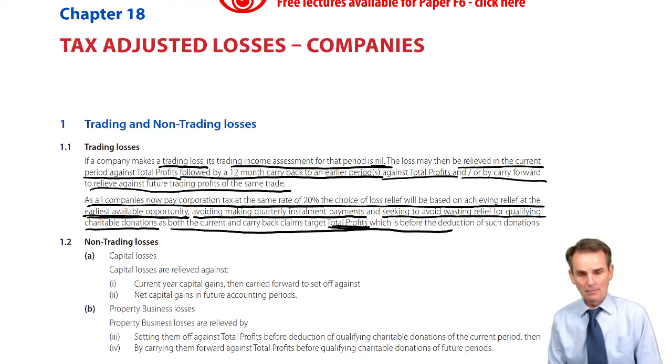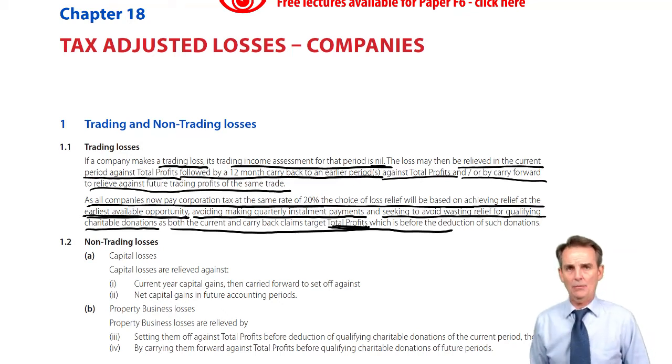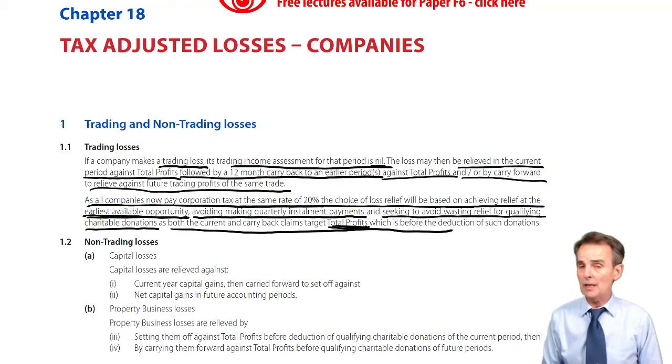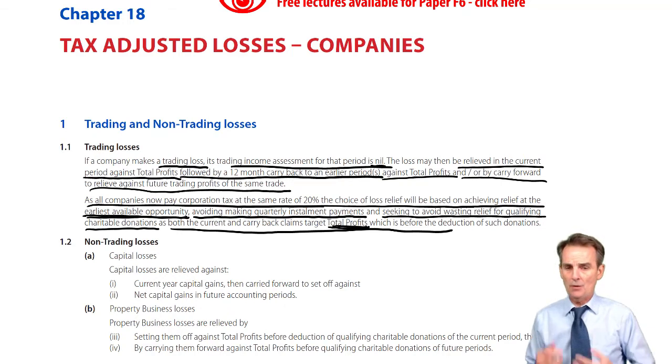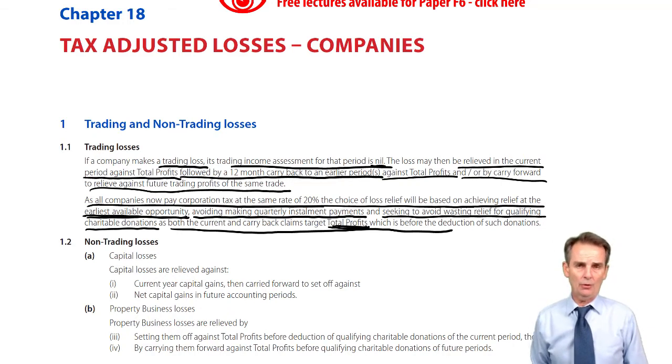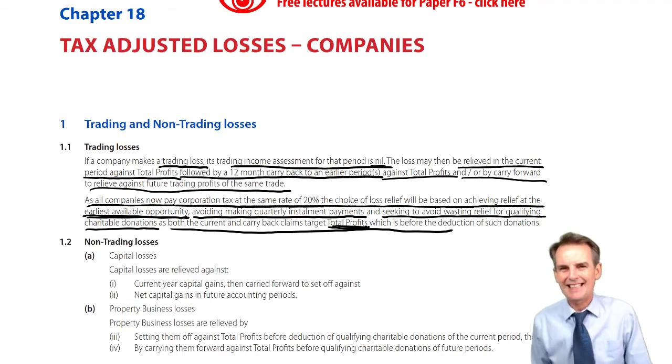Because you cannot make partial claims on your current, carryback or indeed carry forward claims, if you make a claim and it reduces the total profit down below the level of the donation paid, then that donation is wasted to the extent that you can't use it. There's no ability to carry it forward or carry it back. It will be wasted.